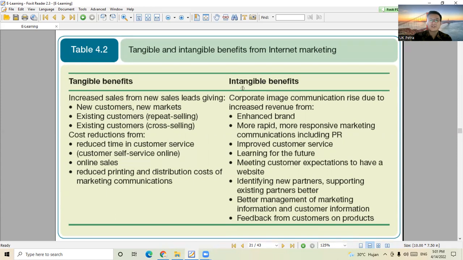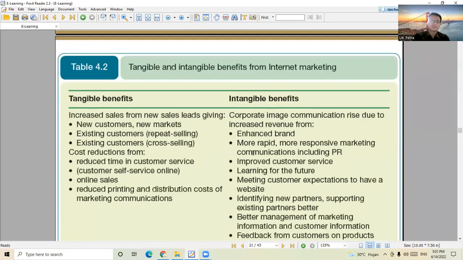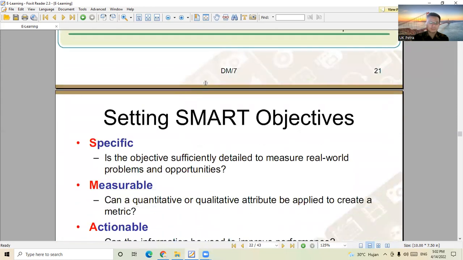The intangible benefits are usually related to the brand, the reputation with customers, whether our products meet customers' expectations, and so on. So these are the tangible and intangible benefits from internet marketing.